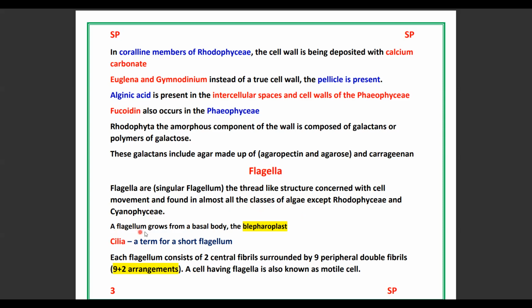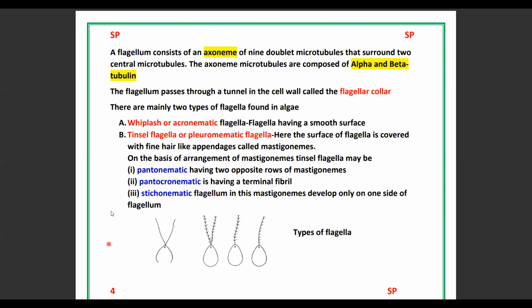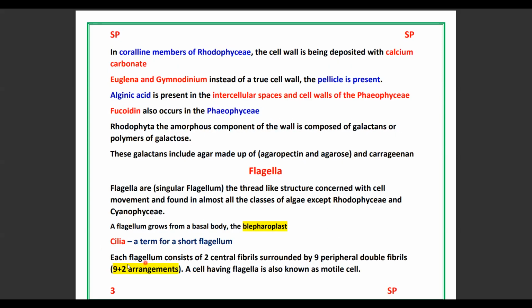A flagellum grows from the basal body or blepharoplast. So the flagella arise from the blepharoplast. Another name of the flagella is cilia. Cilia means a short flagellum is called cilia. And each flagellum consists of two central fibrils surrounded by 9 peripheral double fibrils.